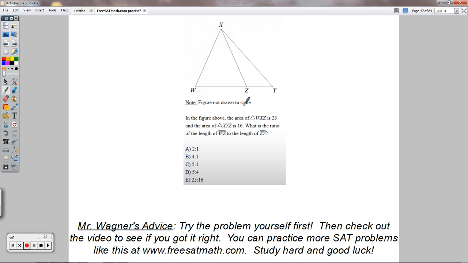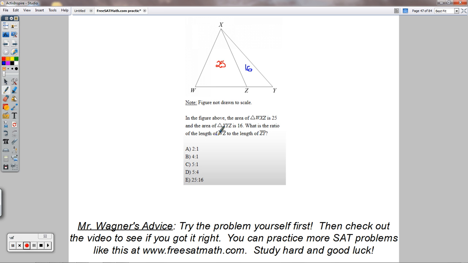It says the figure is not drawn to scale, and in the figure above, the area of triangle WXZ is 25 and the area of triangle XYZ is 16. Let's label that as we go here. So WXZ, the area of that is 25, and the area of XYZ, this smaller triangle right here, is 16.